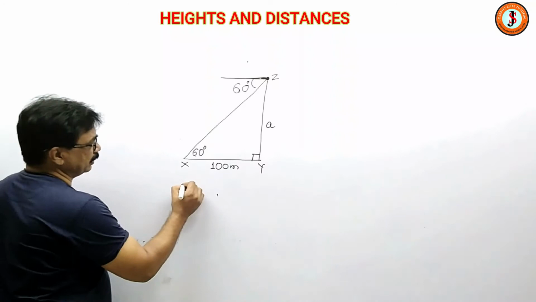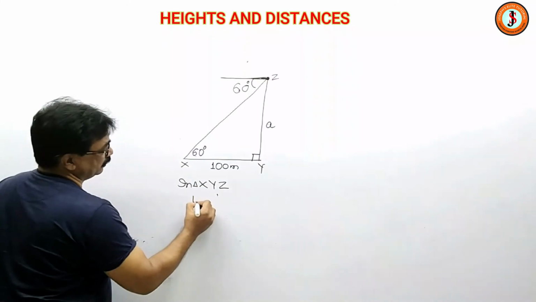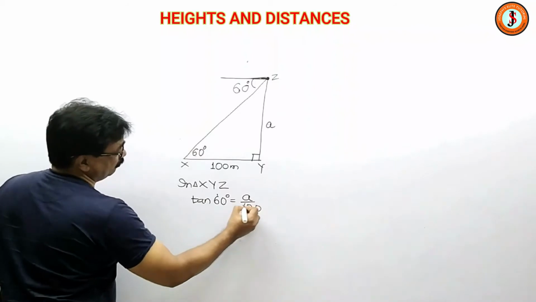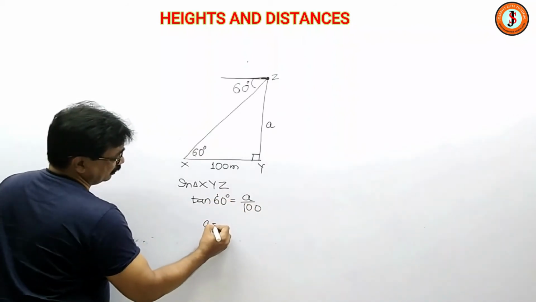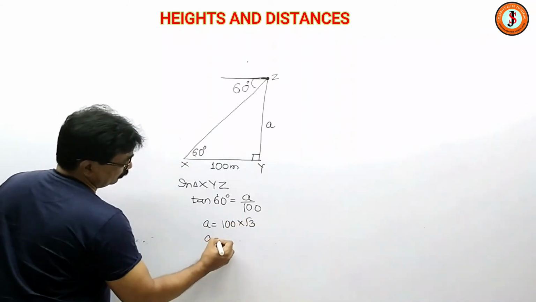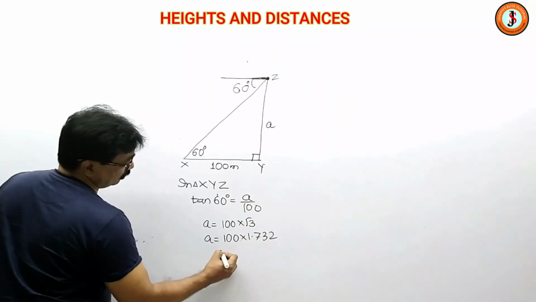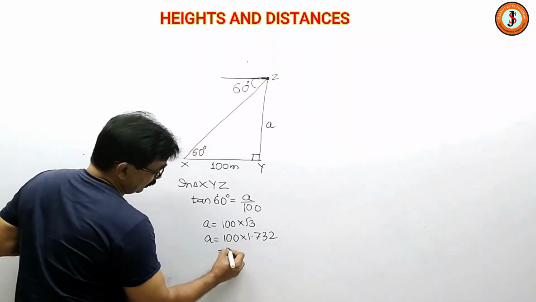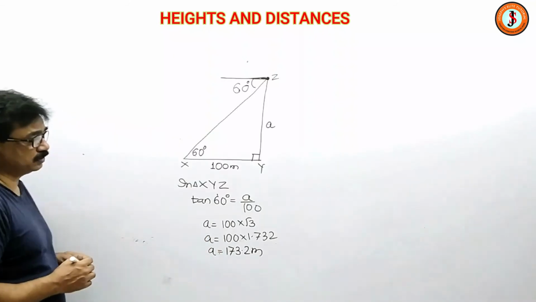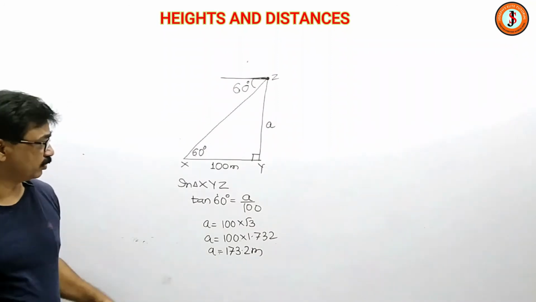Now in triangle XYZ, tan 60 degrees is equal to A by 100, and we know that tan 60 is root 3, so A is 100 into root 3. Root 3 is 1.732, so this will be 173.2 meters. This is a very important solution.